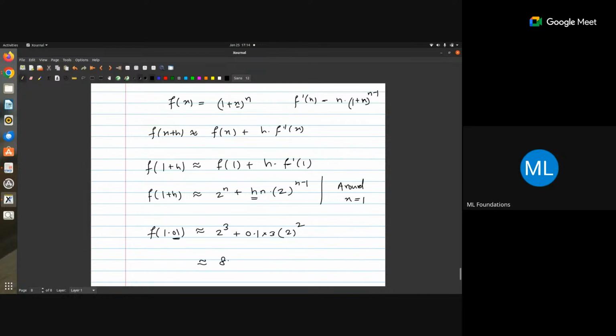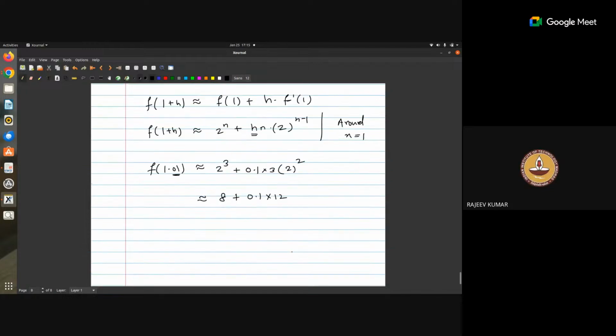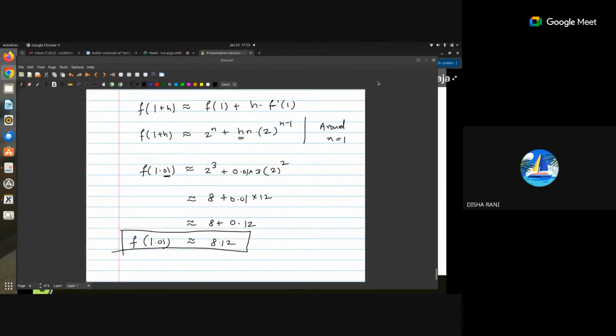If I solve this, it is 8 plus 0.01 into 12, which is 0.12. Then it is 8.12, f of 1.01. I hope this is okay. Yes, sir.